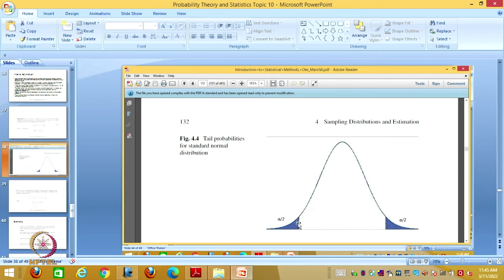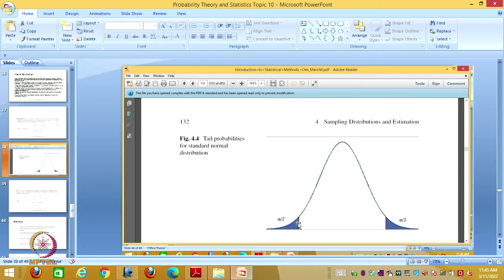That means the non-shaded region has probability 1 minus alpha, and the probability alpha is divided into two equal parts, alpha by 2 in the right tail and alpha by 2 in the left tail.